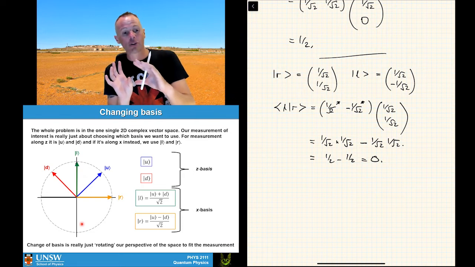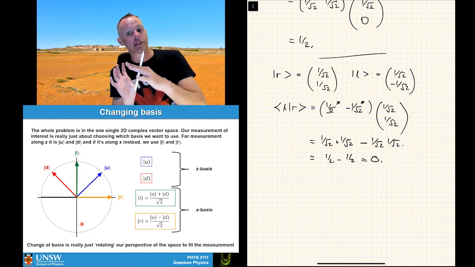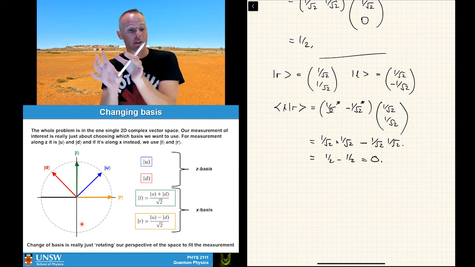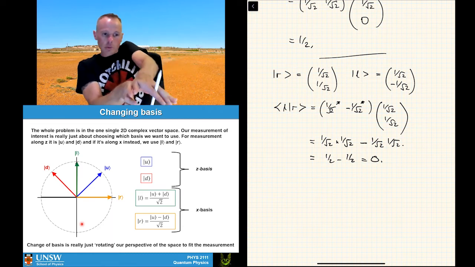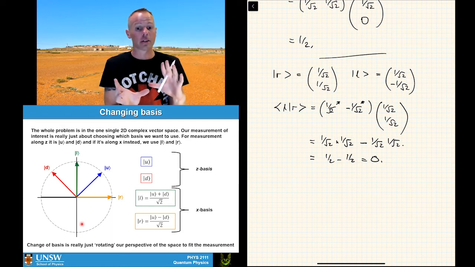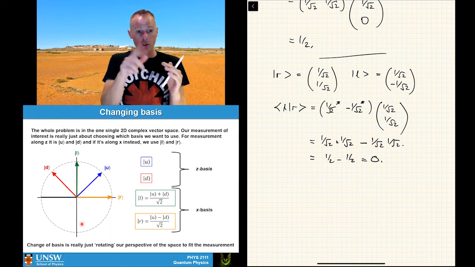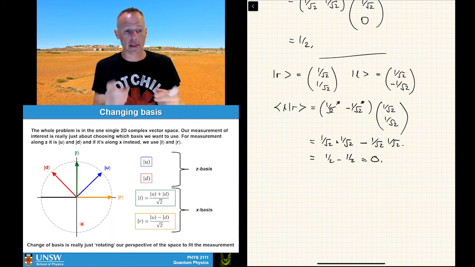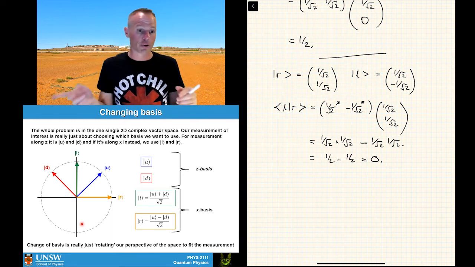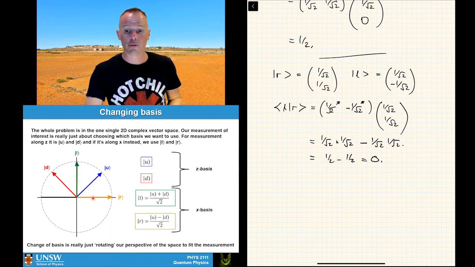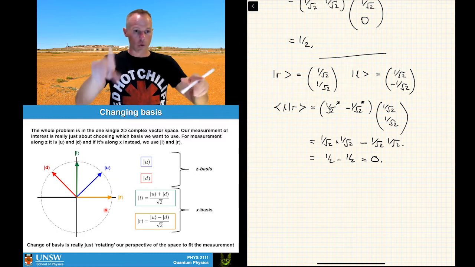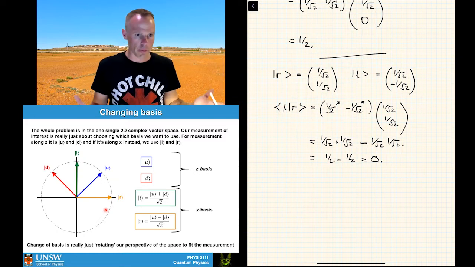And all we'd have to do to adjust to that measurement is to take every vector in the entire Hilbert space and just rotate the whole space round till those become the basis vectors, and then do projections onto that basis, right? And then at that point, up, down, left, and right would be pointing in directions that we couldn't draw if we happen to have, for example, O and I running along these two axes. We wouldn't be able to draw the other ones because they would have complex components.